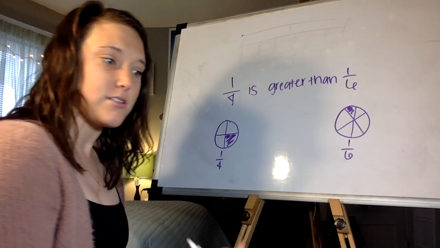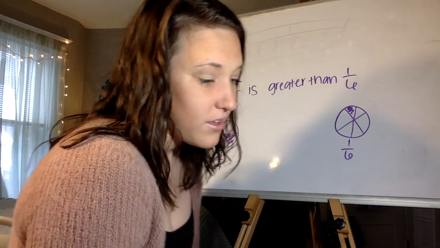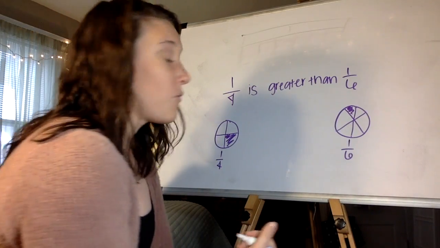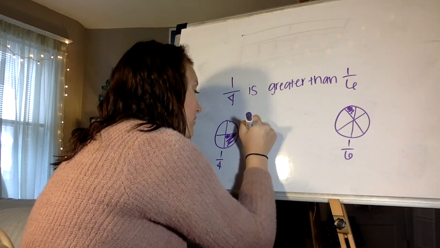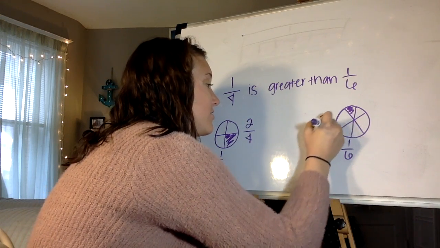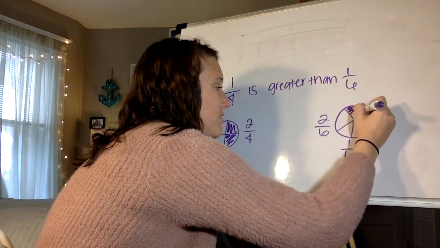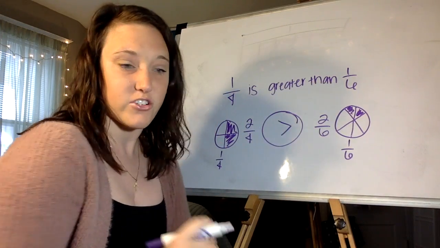The 1/4 does. The 1/4 fraction is greater than. Okay. So it's the same example if we turn this into 2/4 compared to 2/6, well, let me shade in 2/4 and 2/6. 2/4 is the greater fraction.